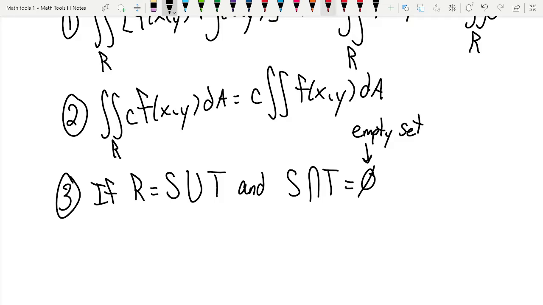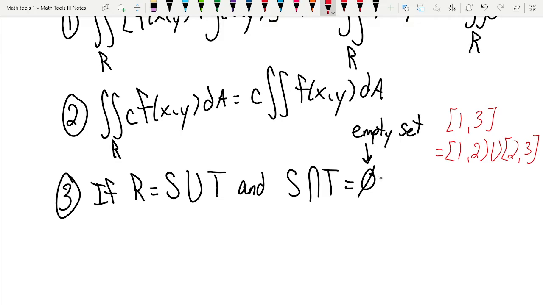For example, if you have an interval like 1, 3, that's equal to the interval of 1, 2, union the interval of 2, 3, where these two sets do not have any element in common, because this one doesn't have 2, this one does. Same idea, but it's going to be a little more general because our domain now is in 2 dimensions instead of just 1 dimension.